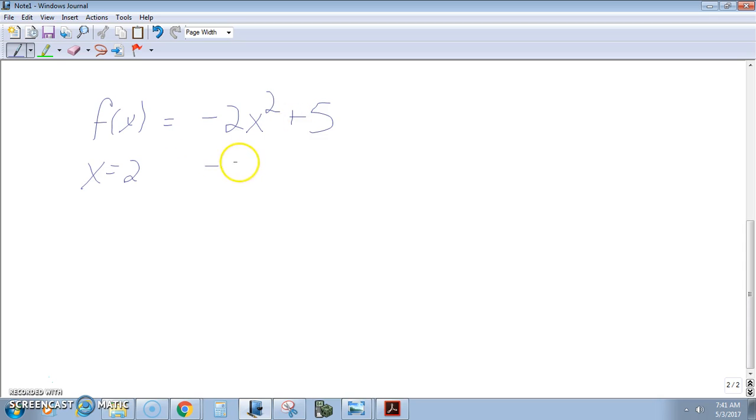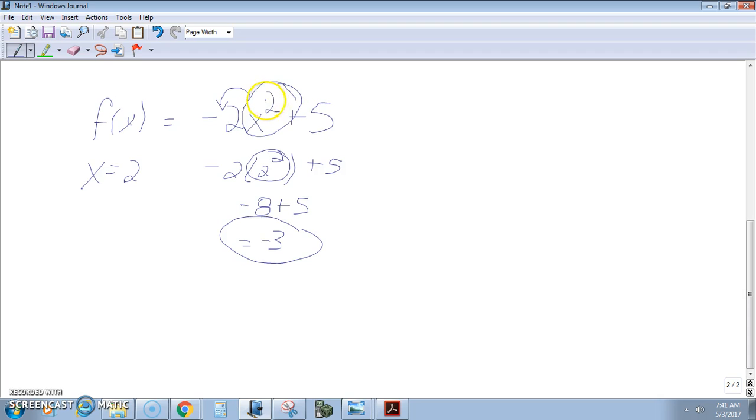Okay, so that's -2 times 2 squared plus 5. Okay, 2 squared is 4. I have to do this part first before I do my multiplication. Then 4 times -2 is -8 plus 5. Okay, and that's -3.